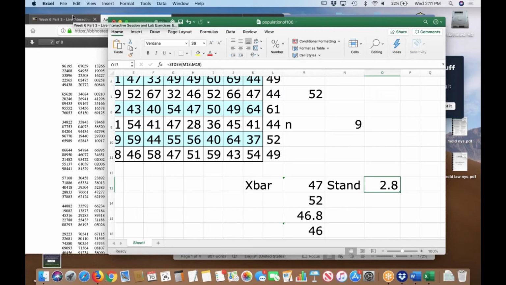The reason why we care about this is because we've just learned something about how samples perform in relation to the values in the actual population. And I hope I got my graphics pen here. Is it down there? Yep, there it is.